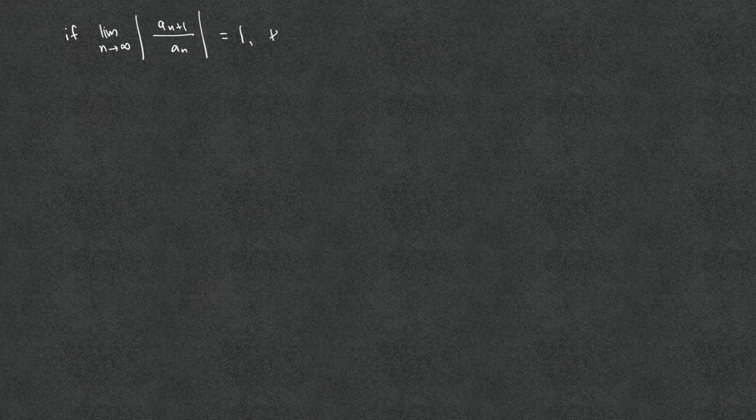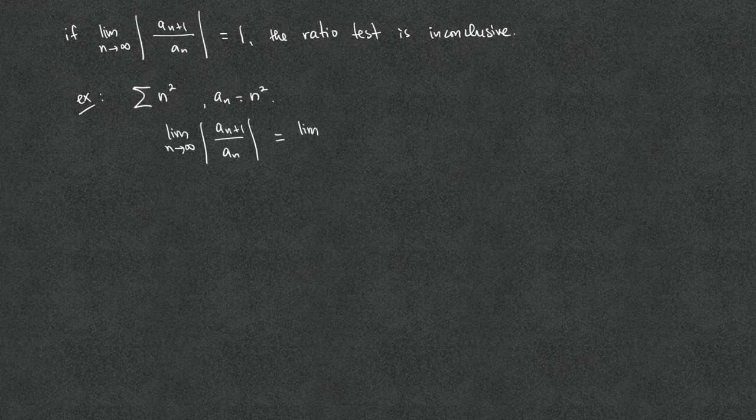If the limit of the ratio a sub n plus 1 over a sub n as n goes to infinity is 1, then the ratio test is inconclusive. This simply means that sometimes it is convergent, sometimes it is divergent. For example, the series of n squared, where a sub n is n squared, we look at the limit of the ratio a sub n plus 1 over a sub n.